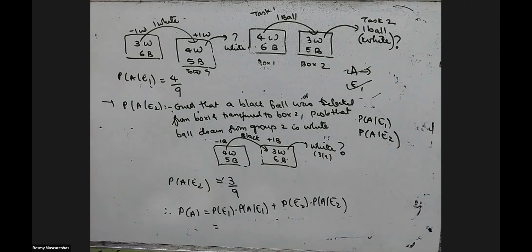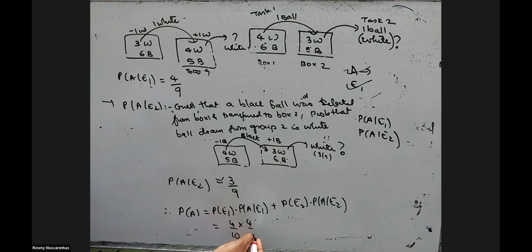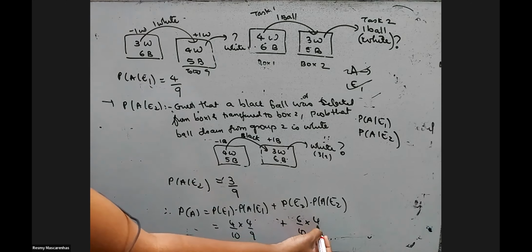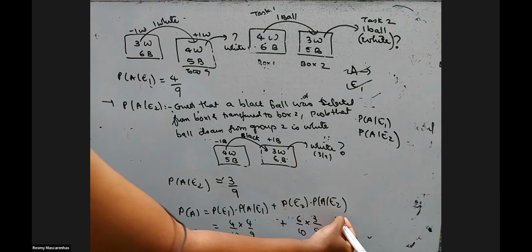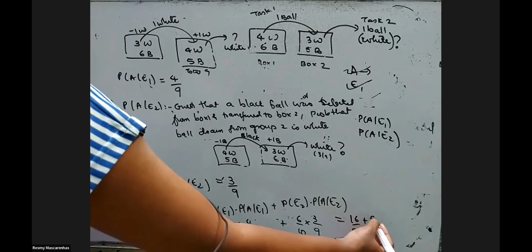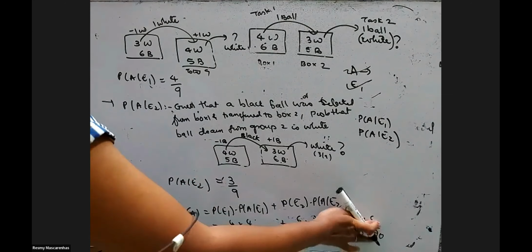What was P of E1? E1 was 4 out of 10, into the other term. So 16 upon 90 plus 18 upon 90.